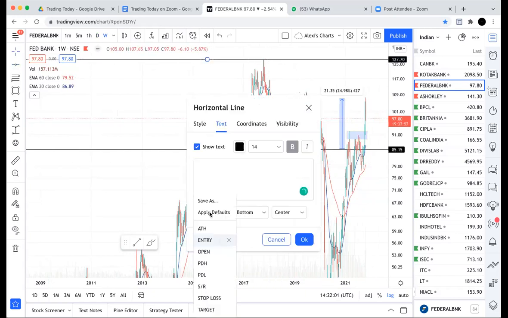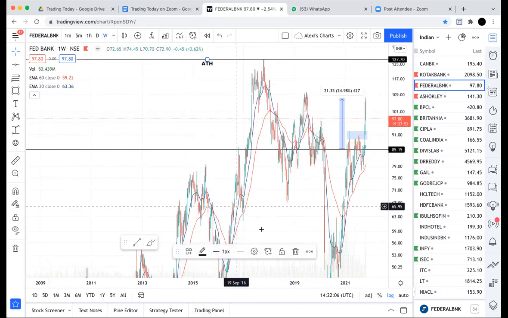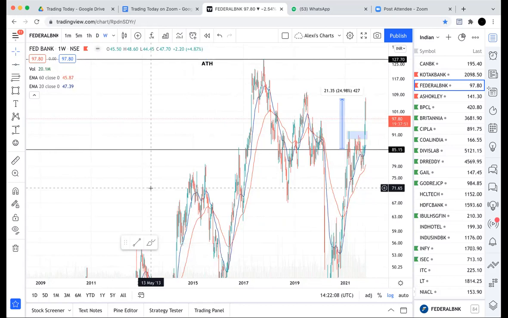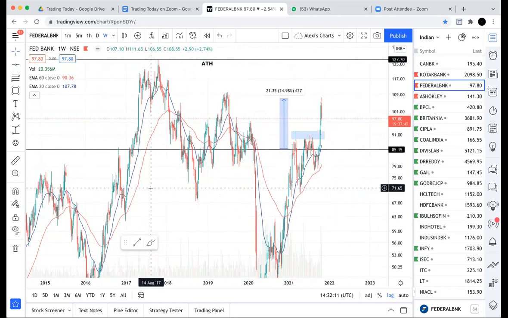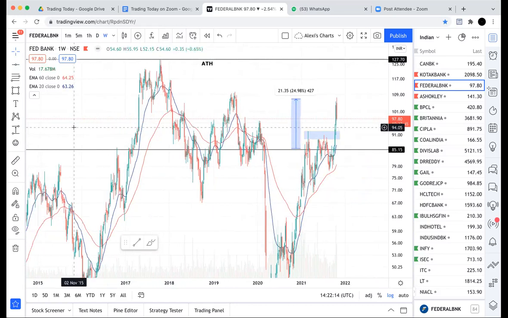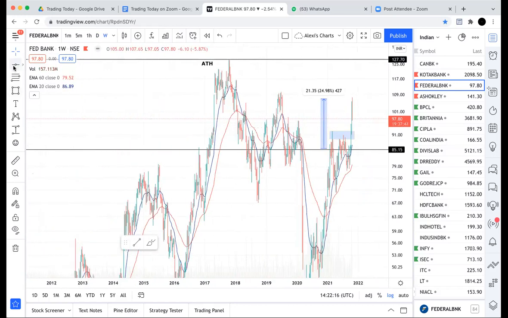Here is the all-time high, and let me lock it in. All right, here we go. So you're in this trade now, and I'm going to draw a few more levels, areas of resistance and support that I find important.